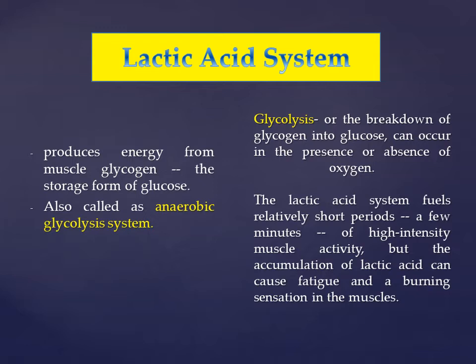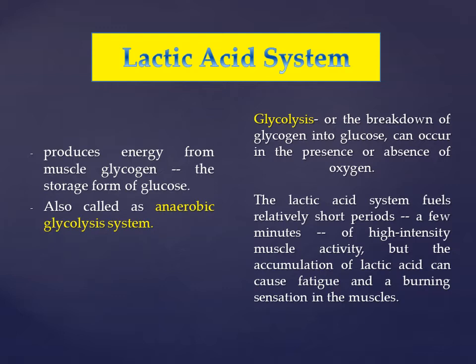What about the second body system, the lactic acid system? This system produces energy from muscle glycogen. This system is also called the anaerobic glycolysis system. Glycogen means the storage form of glucose.